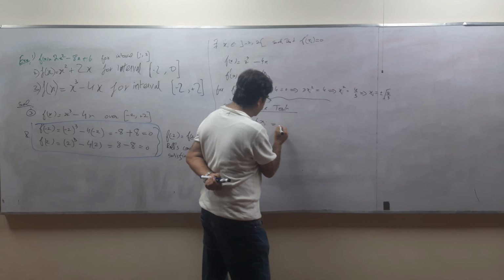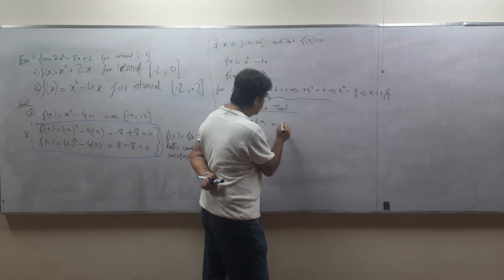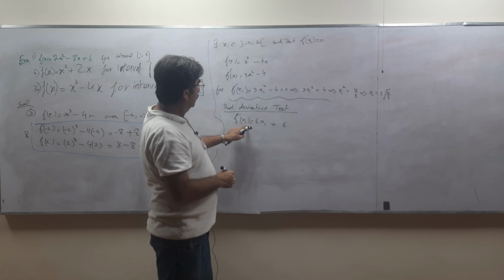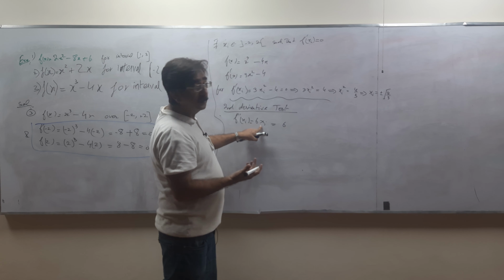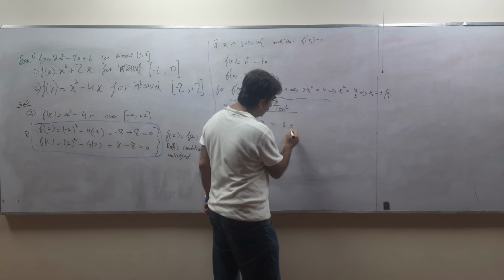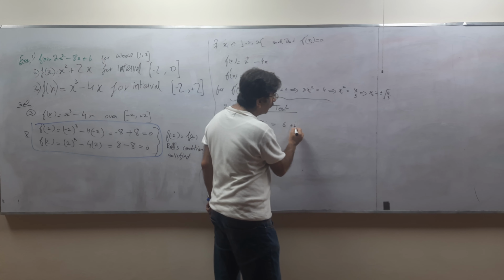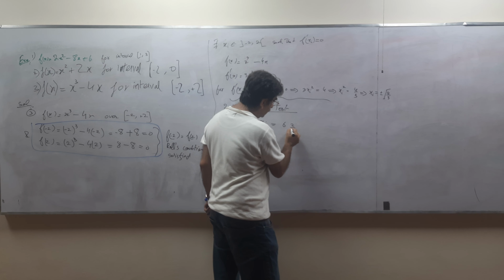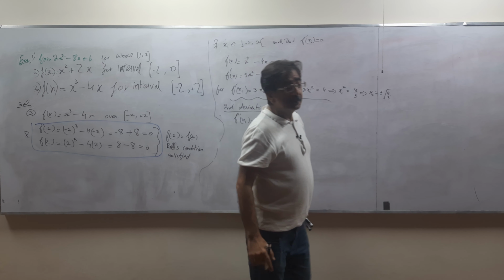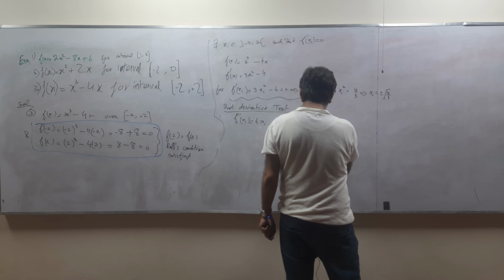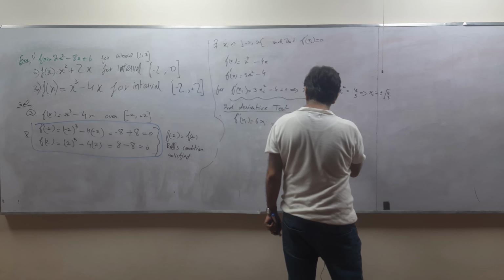So that will be equal to 6 xi. Xi value is square root of 4 by 3, which is greater than 0.